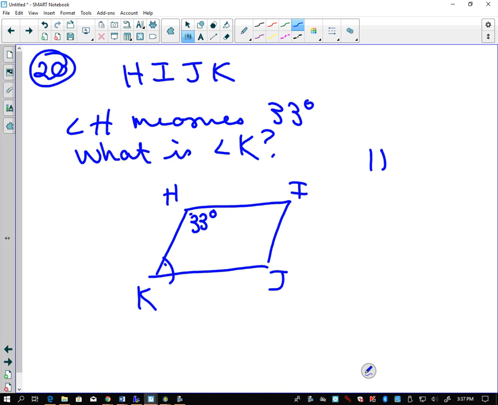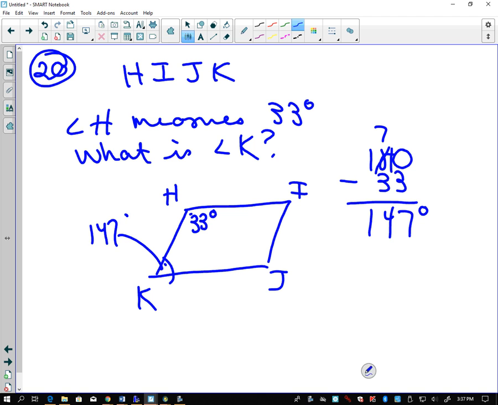So if I take 180 and I subtract 33 from it, it's 147 degrees is angle K. And that's my answer. But I need to remember my properties of parallelograms in order to show my work, in order to get this question right.